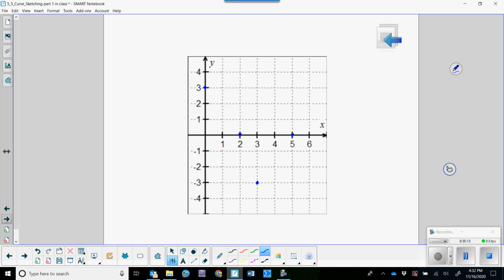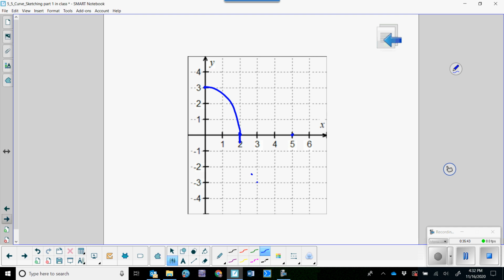So we go from 0 to 2, we know that we are decreasing and concave down. Then when we get to 2, we change and we're still decreasing, but we're now concave up. So that's concave up to here. Then when we get to 3, we know the derivative is undefined, which is why we have this thing going on here.